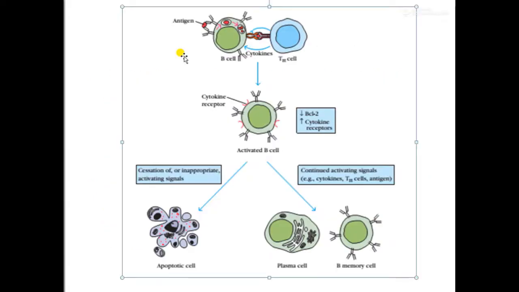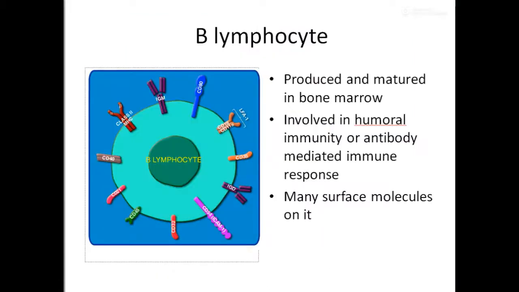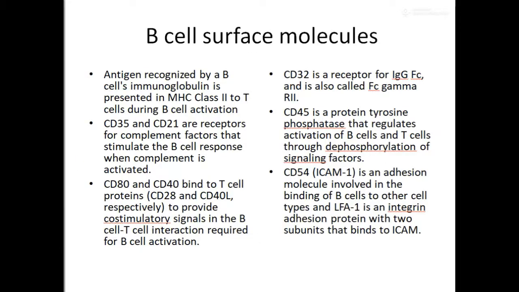This is the receptor which we show here, the class 2 MHC. Through the class 2 MHC, it will show it to the T helper cells.